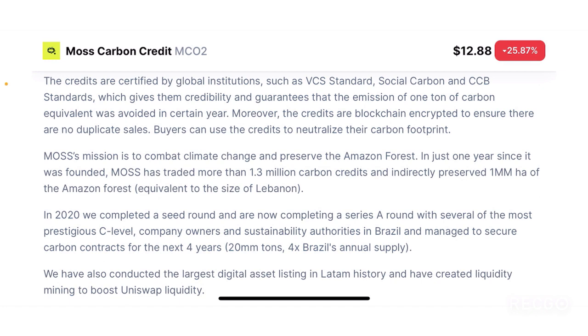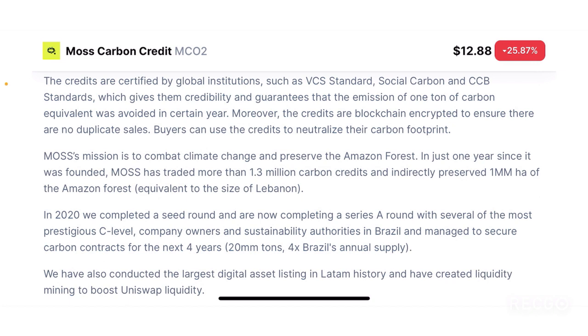The credits are certified by global institutions such as VCS standard, Social Carbon and CCB standards, which gives them credibility and guarantees that the emission of 1 ton of carbon equivalent was avoided in a certain year.